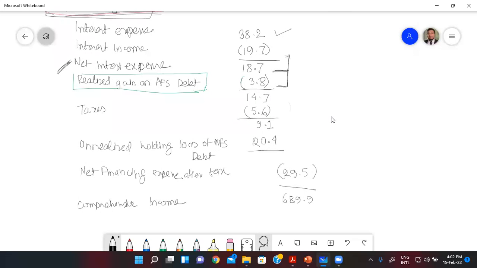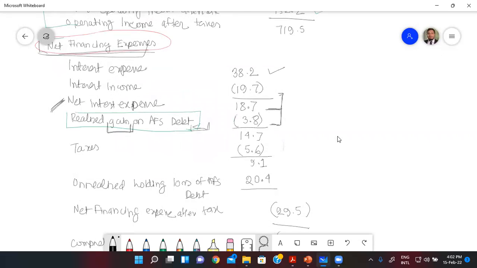You see, this is a positive amount. So it will cause us a tax benefit or tax burden if it is the realized gain from the investment in debt. For the realized gain, we have a tax benefit or tax burden.